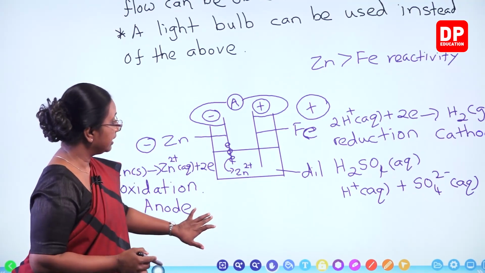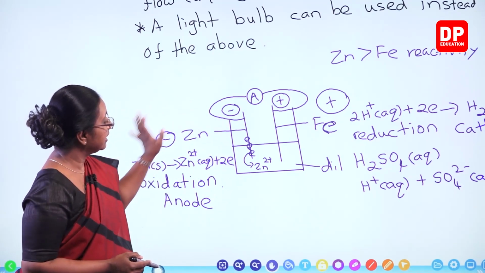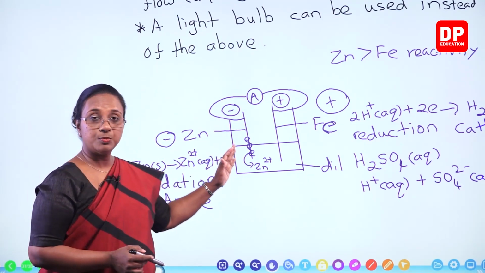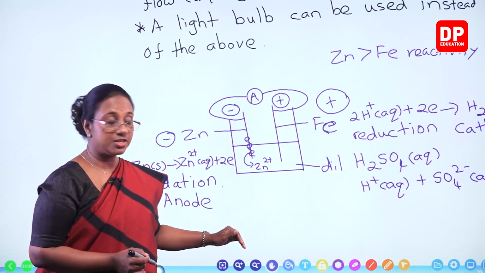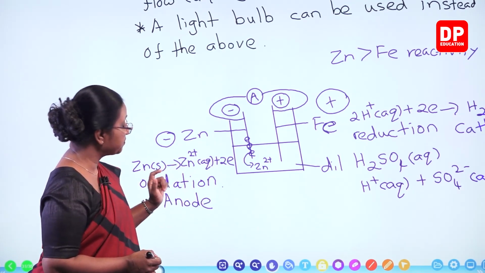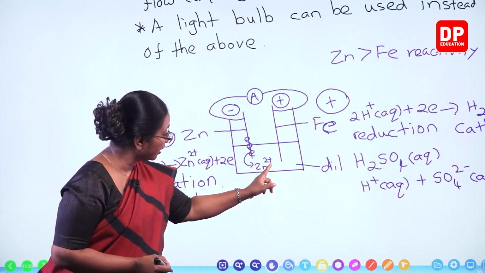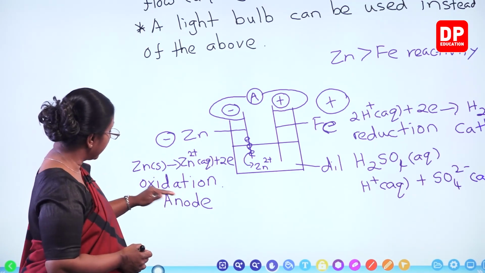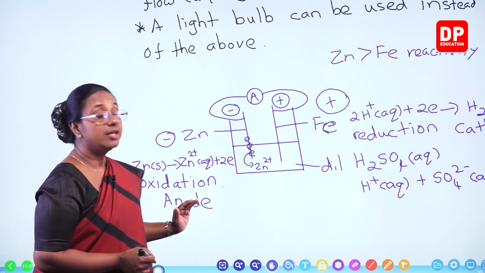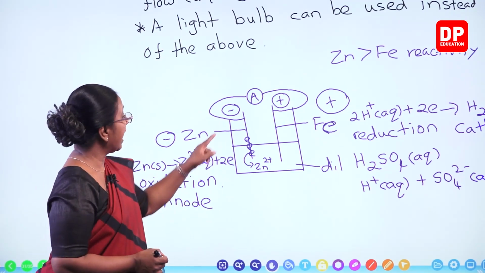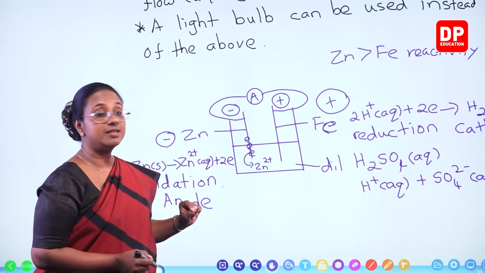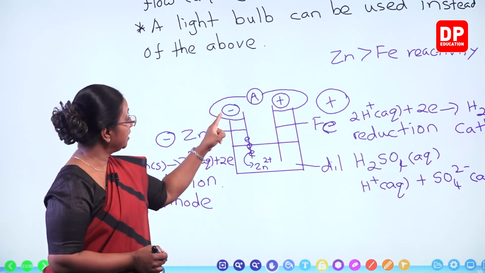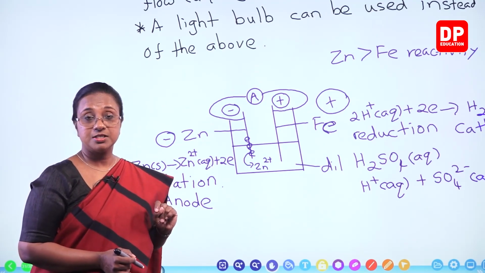So if you look at it, near the zinc electrode, zinc is more reactive, it undergoes oxidation, loses electrons, forms Zn2+ ions that go into the solution. So there it is oxidation and therefore zinc is the anode, and because zinc leaves electrons in the metal, it becomes negatively charged.